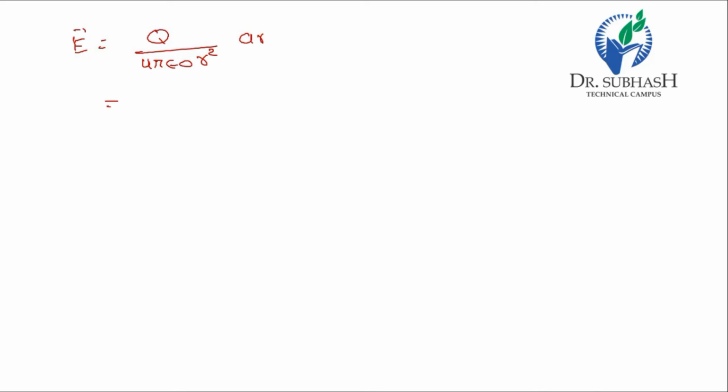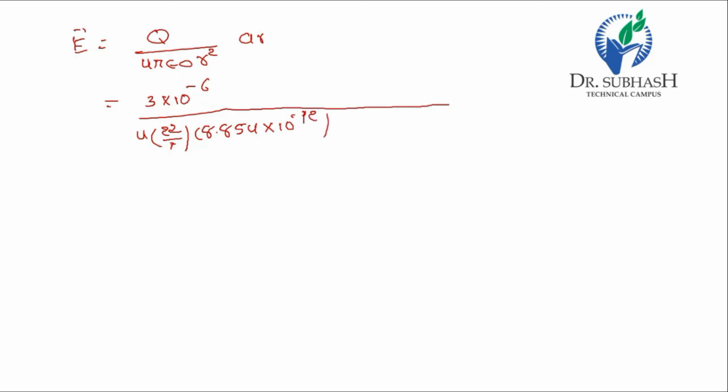So Q is 3 cross 10 raised to minus 6 upon 4 pi, the value of epsilon 0 is 8.854 cross 10 raised to minus 12, cross the value of R, 7.28 square, into the unit vector 4AX minus 6AY plus minus 1AZ upon 7.28.